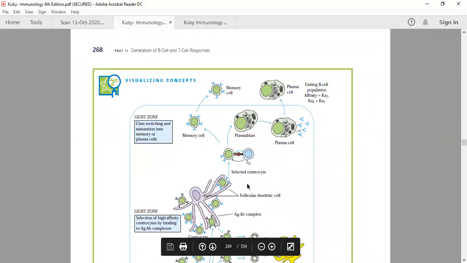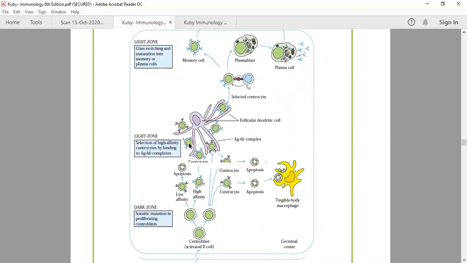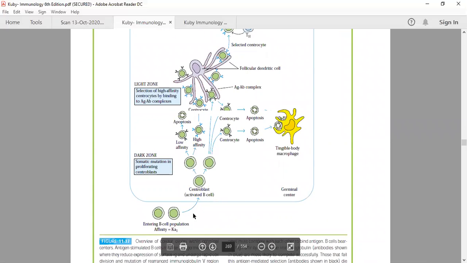So this diagram is depicting exactly what is happening. This B cell population is coming into the germinal center. This bracket, this complete box which has different types of cells, is actually the germinal center.